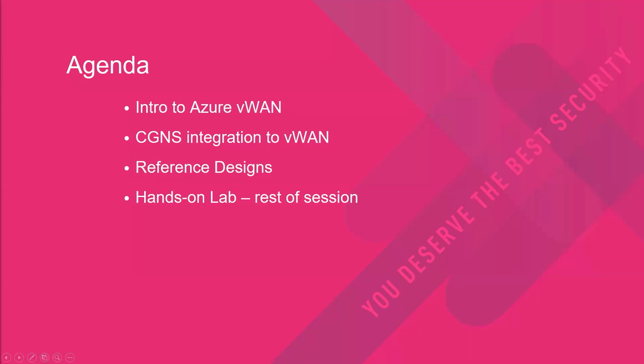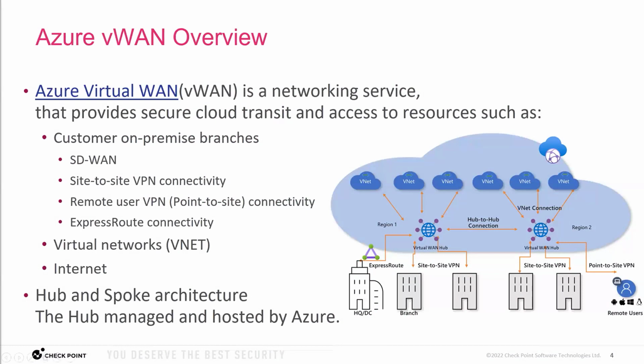And we will do the overview of what is Azure V1 and the reference design. Basically, Azure V1 is a unified framework for networking, security, and routing using the Microsoft Global Backbone. It's a service that lets customers easily establish and optimize large-scale branch connectivity using Azure and the Microsoft Global Network.